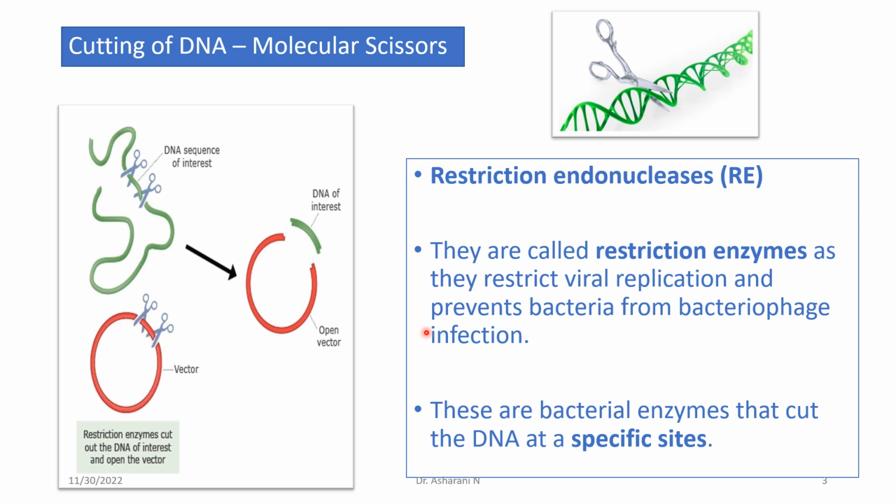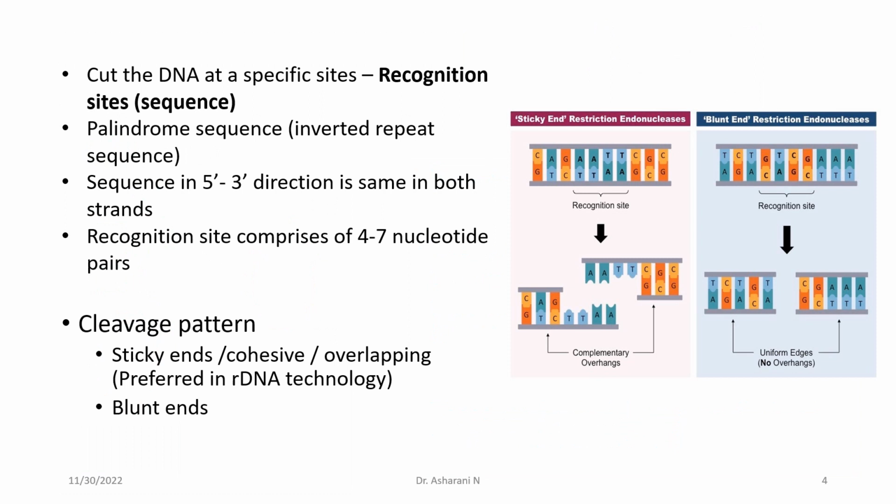I mean to say they cut the desired DNA at specific sites. So they act on a specific sequence. These specific sites or sequences are known as recognition sites or sequences. Recognition site or sequence is the place where the desired DNA is cut by the restriction endonuclease.